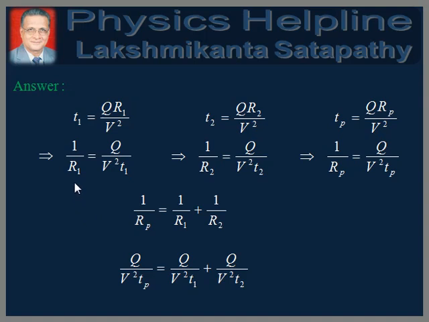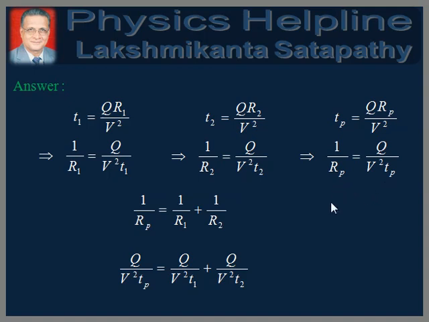Now 1 by R1 is equal to Q divided by V square into T1. 1 by R2 is equal to Q divided by V square into T2, and 1 by Rp is equal to Q divided by V square into Tp.